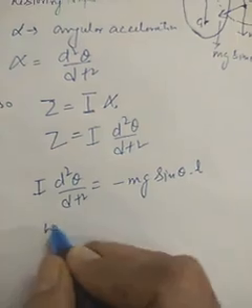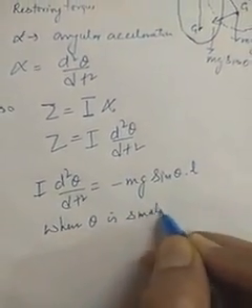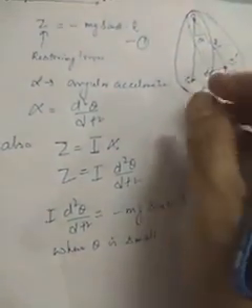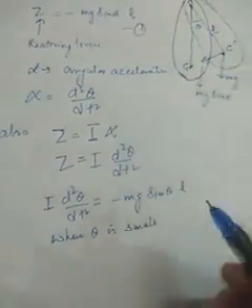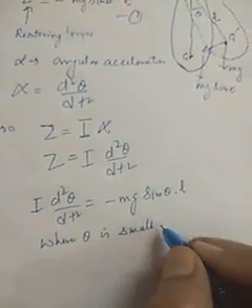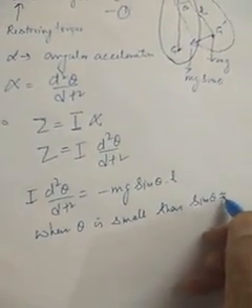When theta is small, in this particular case, if we take this theta very small, this angular displacement is small, then sine of theta is again nearly equal to theta.